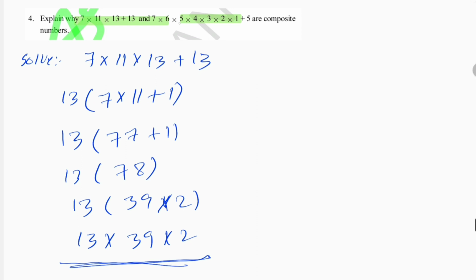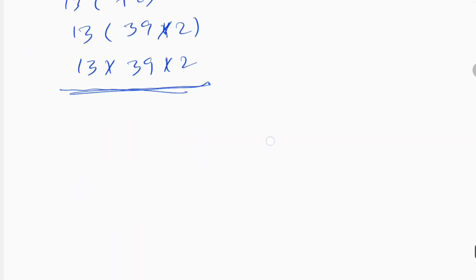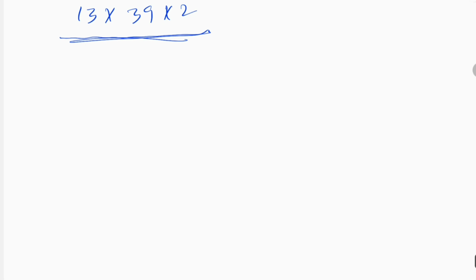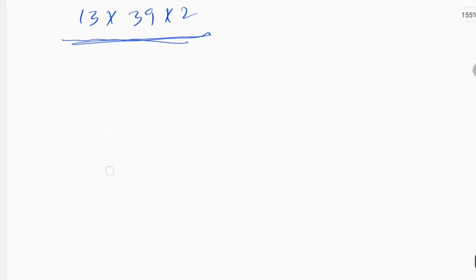What is the second question? Second question is 7 into 6 into 5 into 4 into 3 into 2 into 1 plus 5. Let's solve it. First write the question. 7 into 6 into 5 into 4 into 3 into 2 into 1 plus 5.